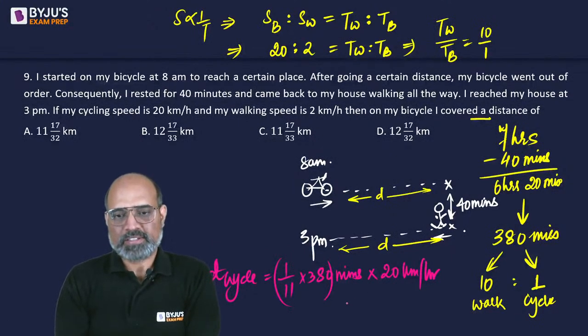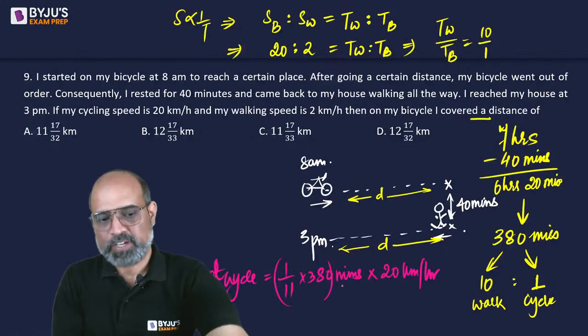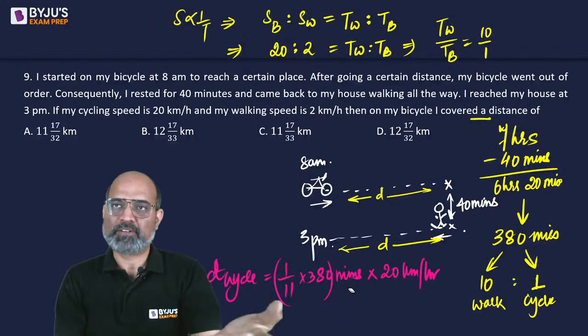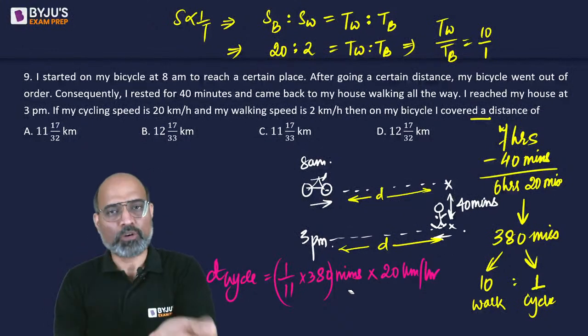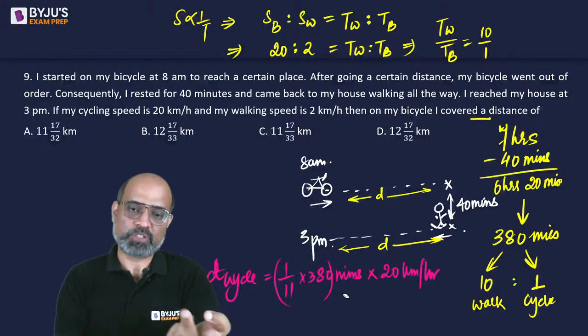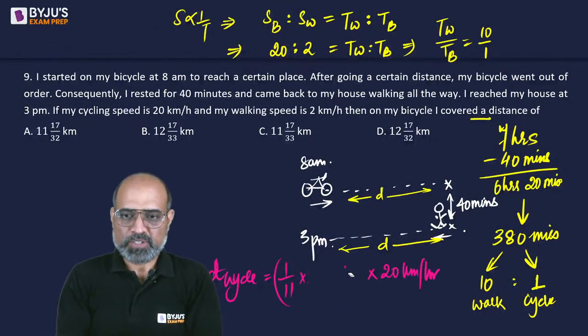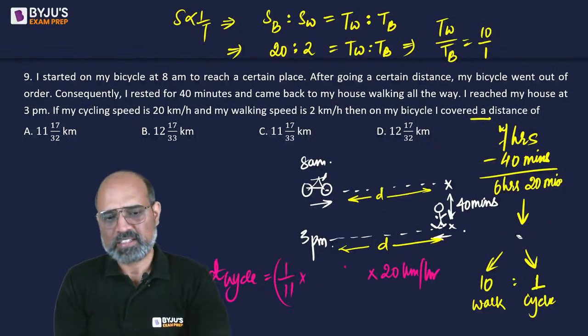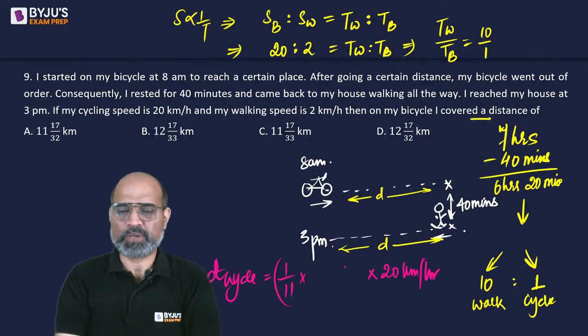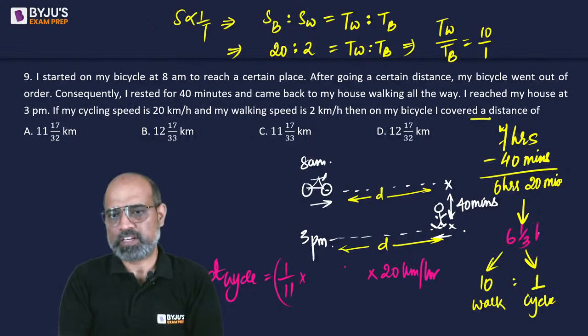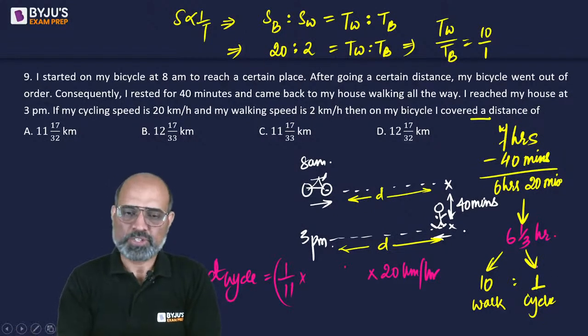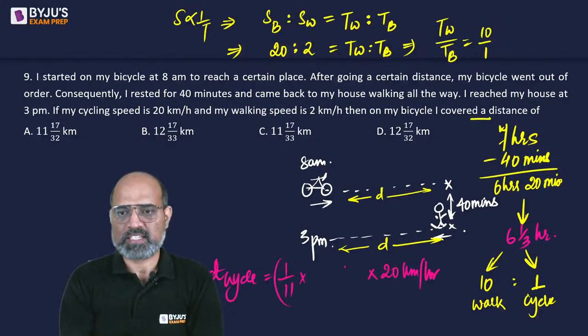Okay. 380 minutes we need to convert into hours, and 20 kilometers per hour would first have to be converted to meters per minute or kilometers per minute and then converted back. That would be a bit too much, so let's drop the 380. The 6 hours 20 minutes, that is 6 1/3 of an hour, should be divided in the ratio 10:1. This 6 1/3 hours is actually 19/3.